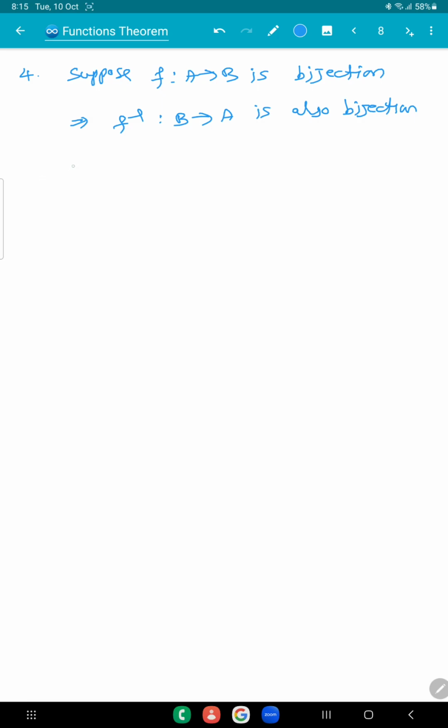So bijective means that we can write F ∘ F inverse from B to B is a bijection, and F inverse ∘ F from A to A is also a bijection.